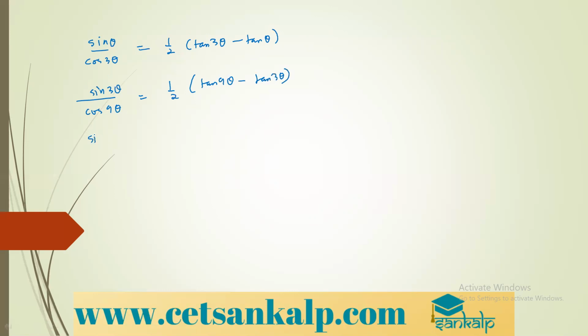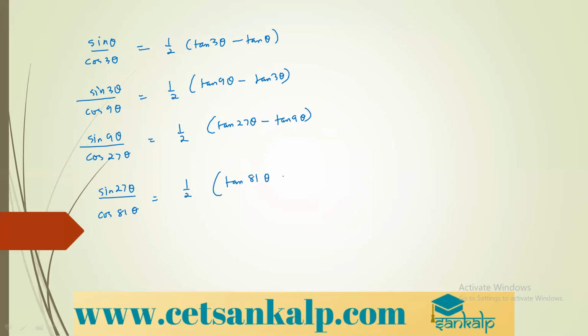Similarly, there is one more term, sine 9 theta by cos 27 theta. I can get this as 1 by 2 into tan 27 theta minus tan 9 theta. Lastly, there is one more term, sine 27 theta by cos 81 theta, which I can write as 1 by 2 into tan 81 theta minus tan 27 theta.